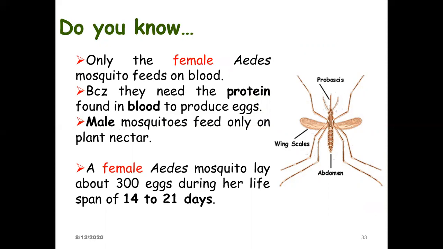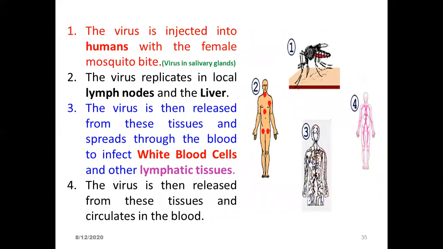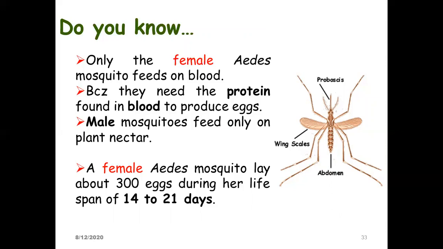A female Aedes mosquito lays about 300 eggs during her lifespan of 14 to 21 days, and the life cycle of an Aedes mosquito from larva up to adult takes about 1 week.